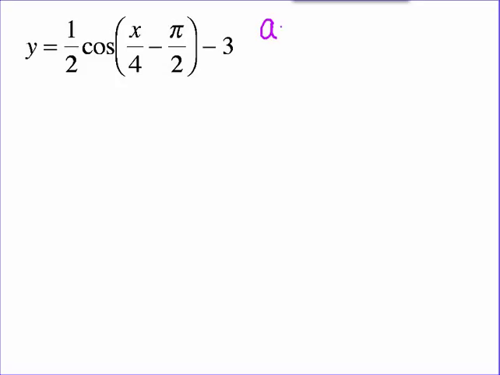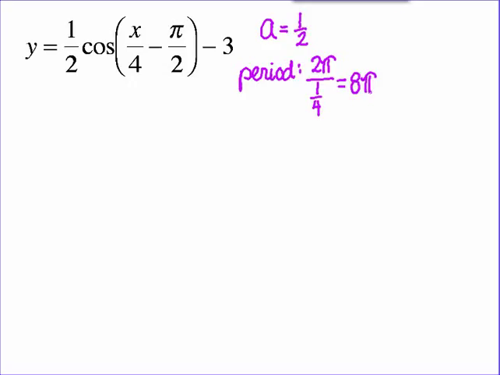The amplitude is what, folks? 1/2. The period will be what? 2 pi divided by 1/4, which is really 8 pi.